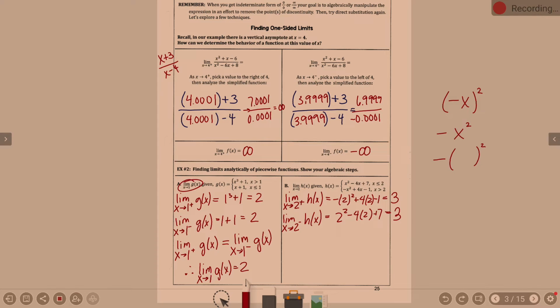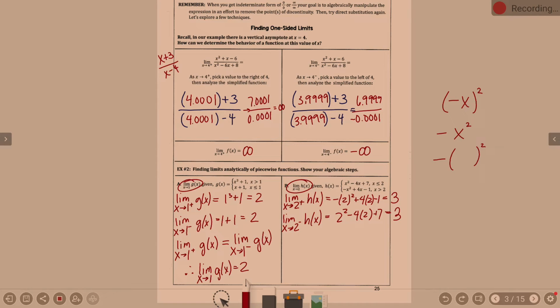Can we give the limit of h of x as x approaches 2? Limit as x approaches 2 is going to be what? 3? Did you not get the 3? I tried to do it in my head, which you are capable of doing. Which one did you mess up? I don't know. Oh, there it is. 3.